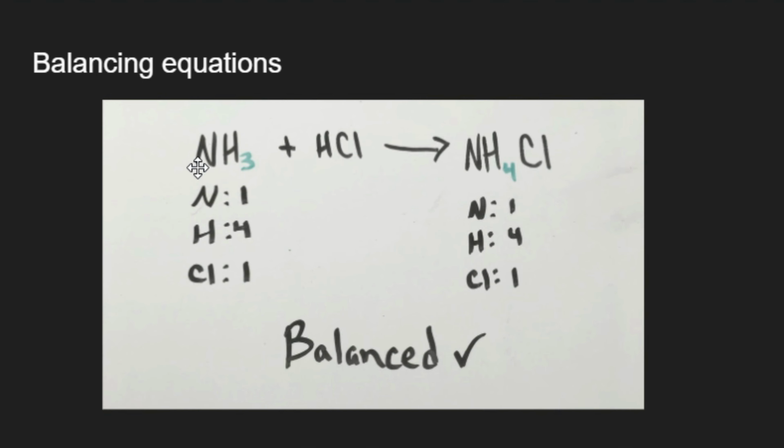N, it has 1. H3, there are 3 hydrogens, and then there's another hydrogen, so that's 4. That's correct. And there's 1 chlorine, that's correct. And let's count here again. 1 nitrogen, 4 hydrogen, and 1 chlorine. That's it.